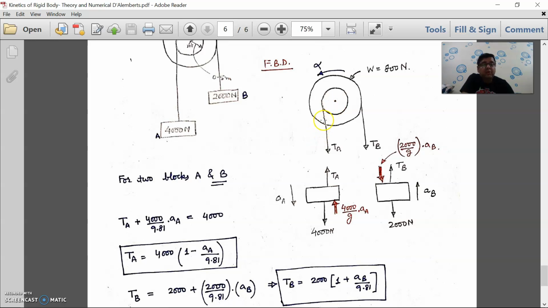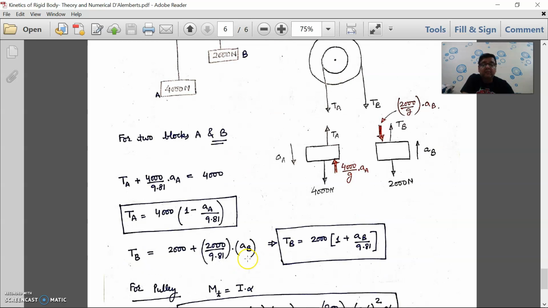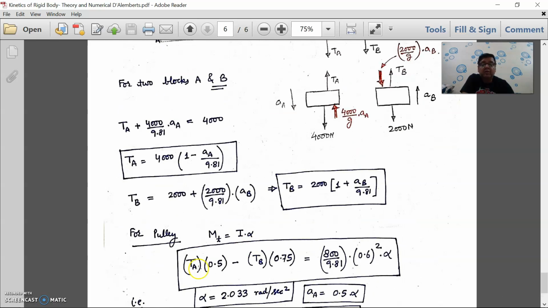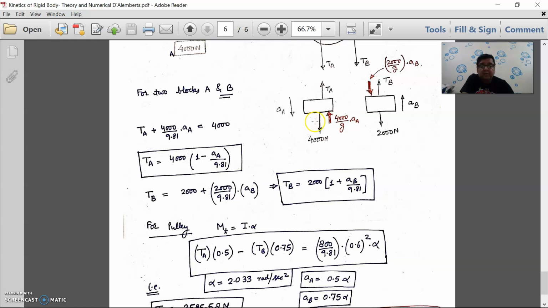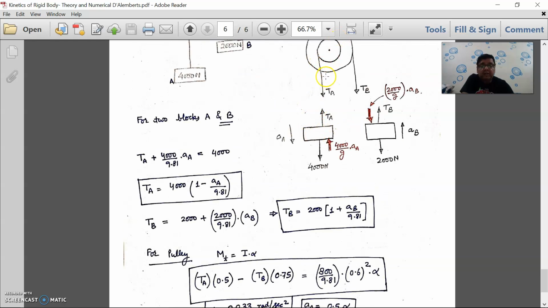This is because TA is moving the pulley in this direction and TB is trying to move it in the opposite direction. But since TA multiplied by 0.5 is more, it will go in this way. So the rotational moment is TA multiplied by 0.5 minus TB multiplied by 0.75.